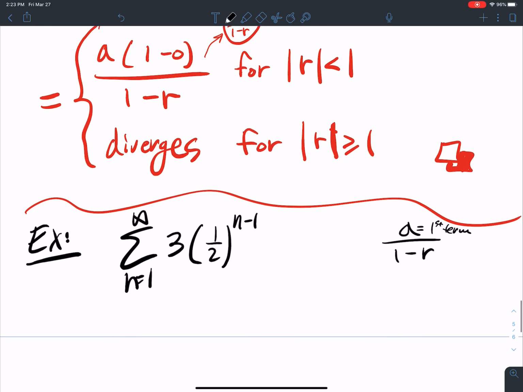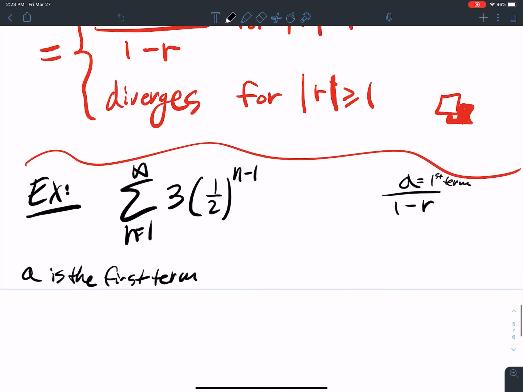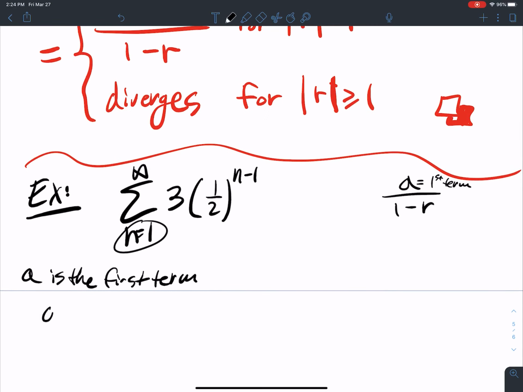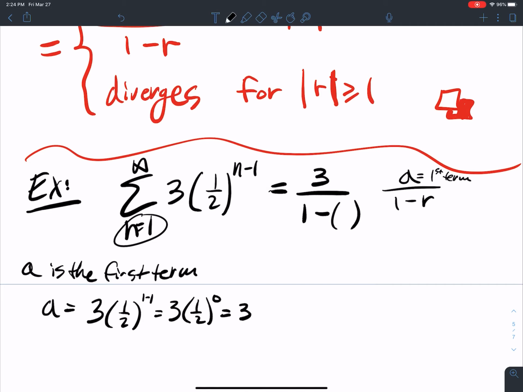What is my first term? What does n equal to 1 give me? It gives me 3 times (1/2)^(1-1). 3 times (1/2)^0 is 3. So my first term is 3, divided by 1 minus my common ratio. How do I get my common ratio? One way is to divide one term by its previous term.